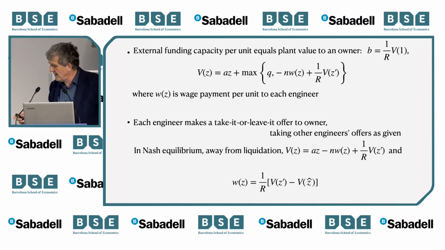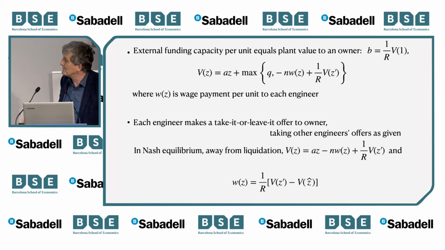So when I say away from liquidation here, we suppress reference to this max Q operator. So look here, I've got the same functional form, the same Bellman equation, but stripped of the max Q. That's permissible. It's all a sort of bootstraps argument. That's permissible given what I just said.